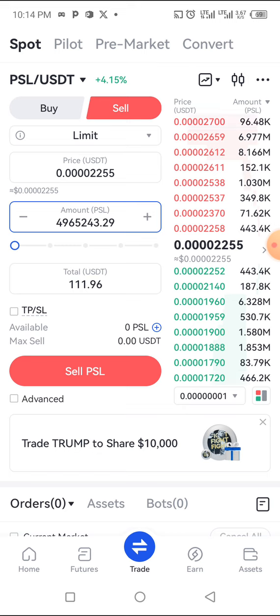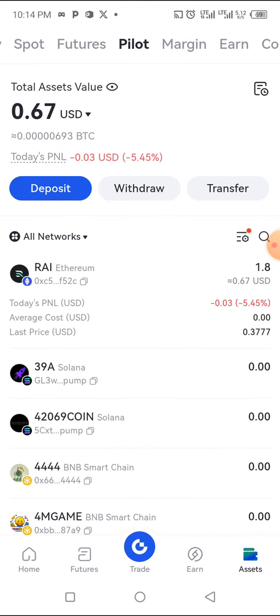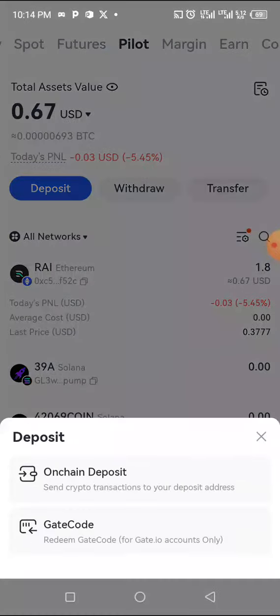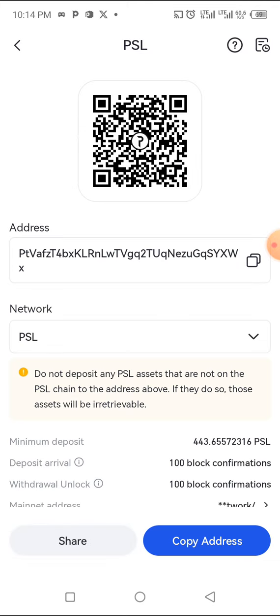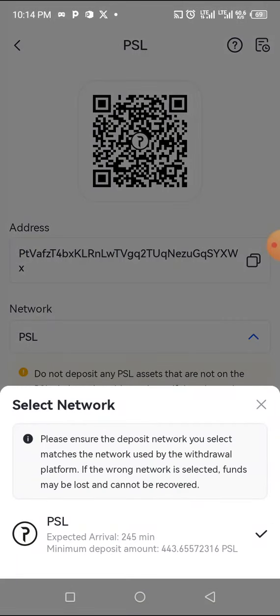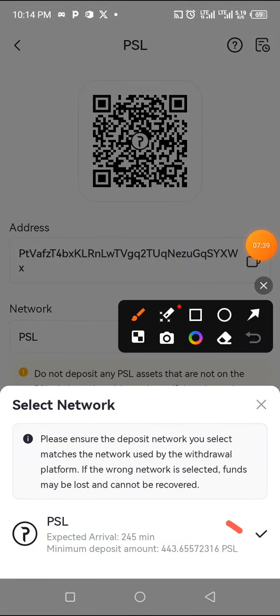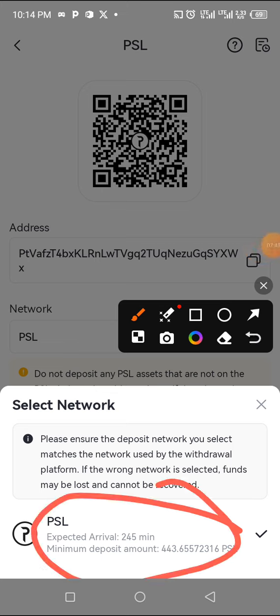But the funny thing here, let's go and check the deposit time into this platform. Okay, let's check. So I want to deposit. I bought it cheaper at that price. How many minutes will it take to arrive here? Just look at this. It will take 245 minutes to arrive, which is more than 3 hours. 3 to 4 hours.